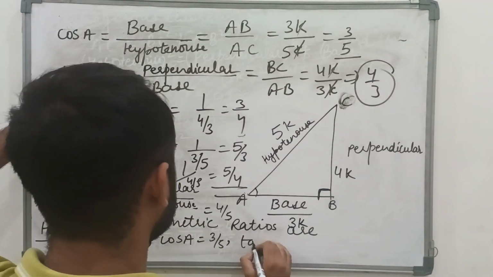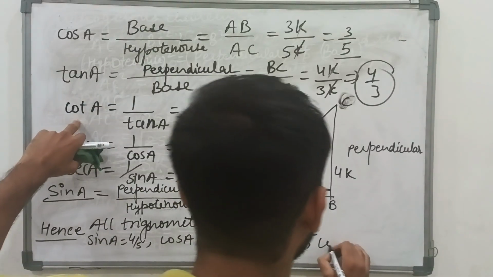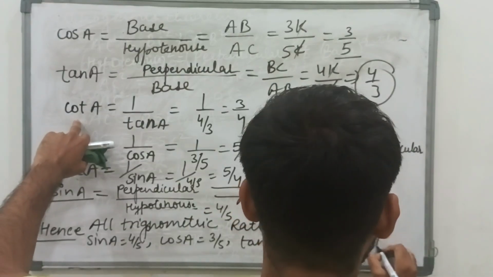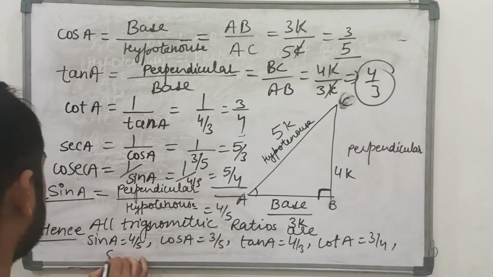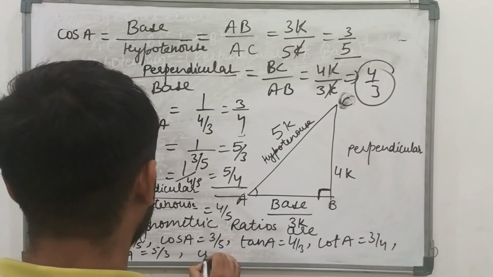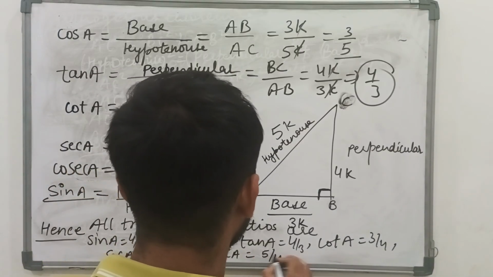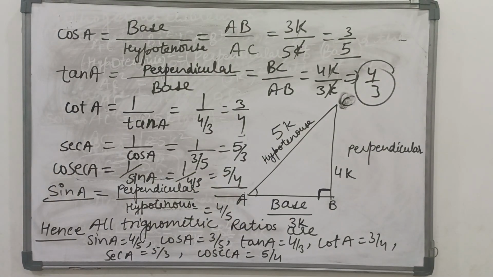Tan A is equal to 4 by 3, comma. Cot A is equal to 3 by 4, comma. Sec A is equal to 5 by 3, comma. And cosec A is equal to 5 by 4. These are all the trigonometric ratios.